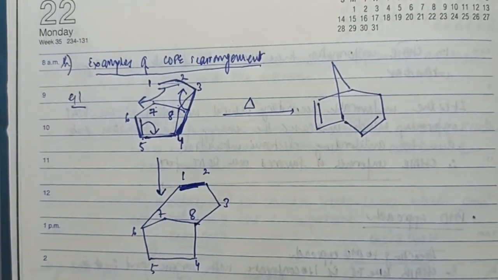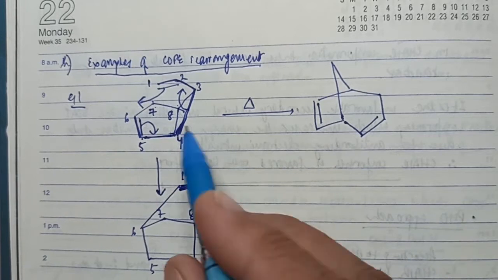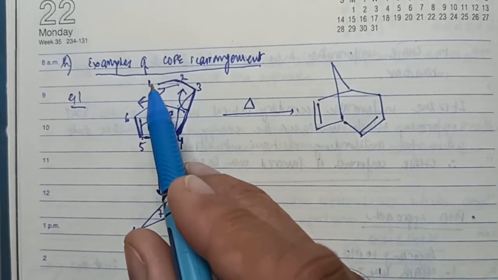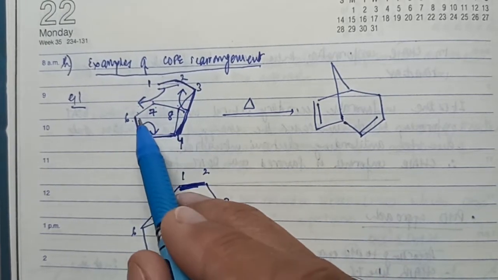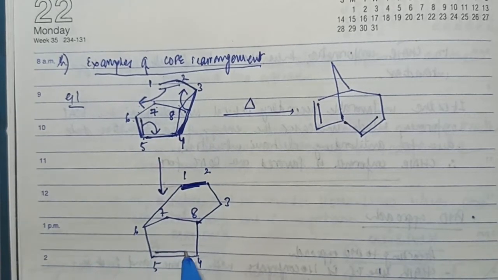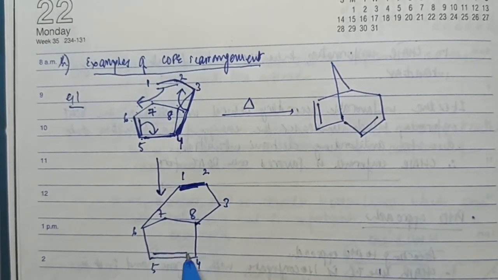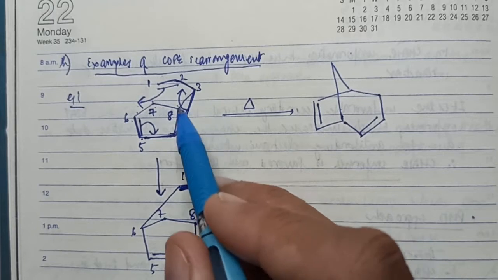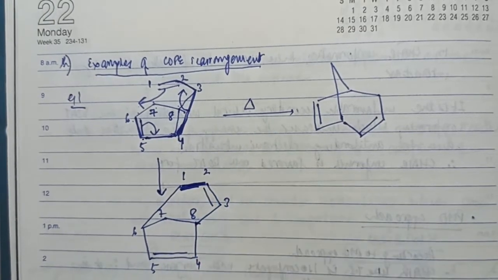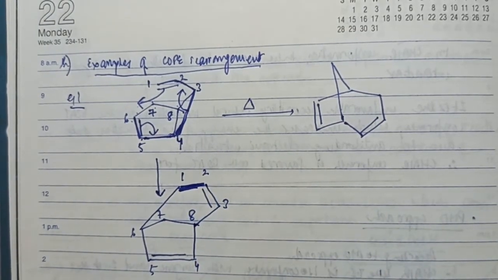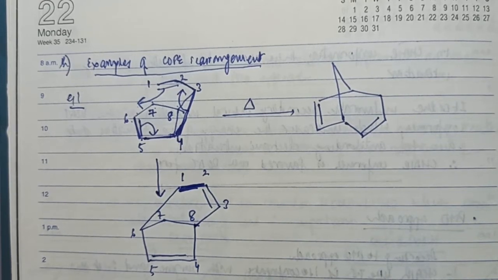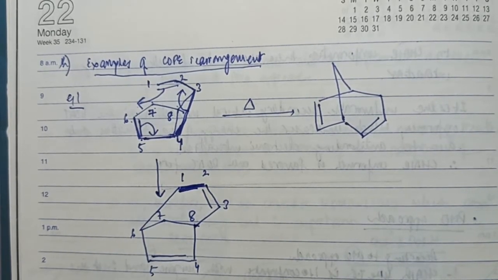This one. Of course, the 1,2 double bond has led to the formation of the 1,6 single bond. The 4,5 double bond is now at 4 and 5. The 5,6 double bond is at 4 and 5 position. The 3,4 single bond is now between 2 and 3 double bond. This is the molecule.